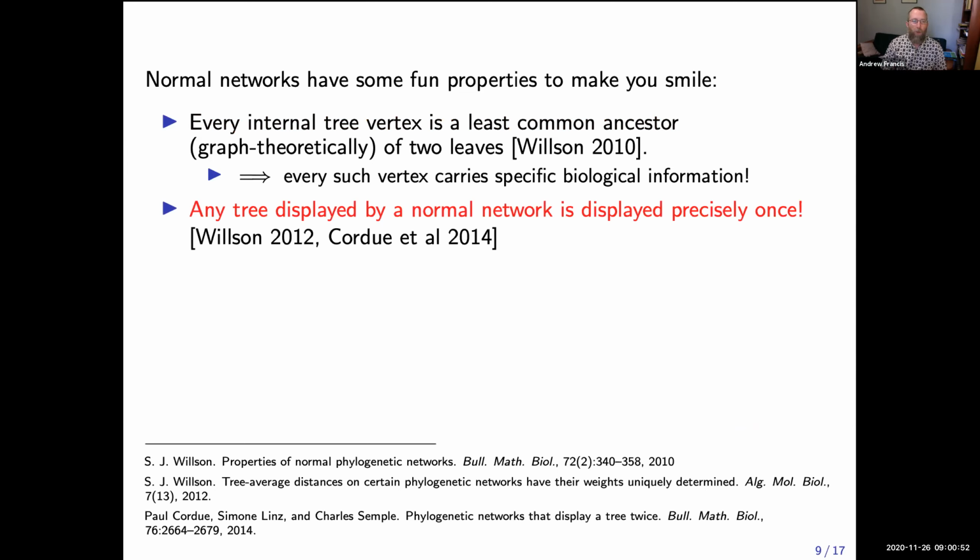This is a beautiful property that I think is in Wilson's paper and also in Paul Cordue, Simone Linz and Charles Semple's paper, when they were studying networks that display trees more than once. Any tree displayed by a normal network is displayed precisely once. That's quite a strong, neat mathematical result.